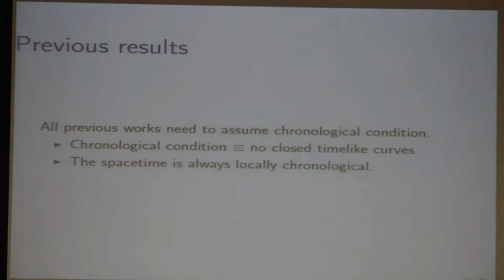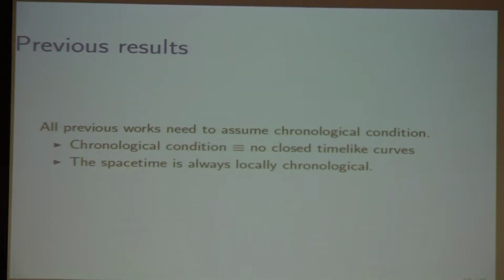So let me talk about some previous results. I want to say that all previous work on the stationary solutions needs to assume some chronological condition. Let me explain what a chronological condition is. The chronological condition says the space-time has no closed timelike curves.